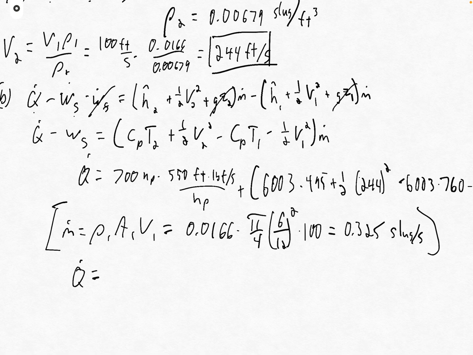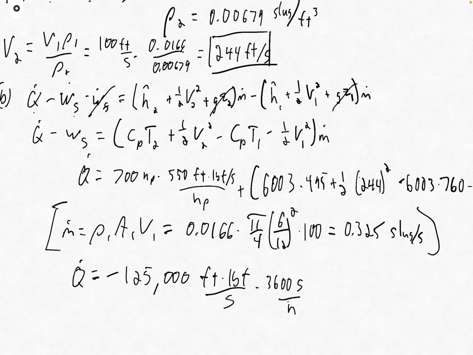What we're going to end up with is that Q dot is equal to minus 125,000 feet pound force per second. We have to convert this into British thermal units, and first of all, we have to do BTUs per hour. So first we can do 3,600 seconds per hour, noting that a second's going to drop out there.